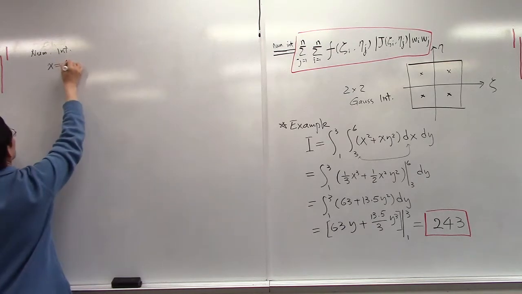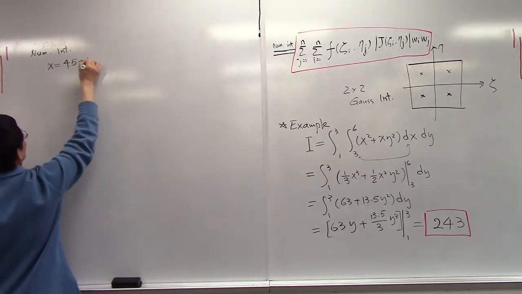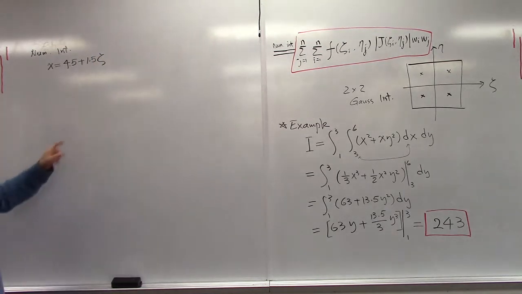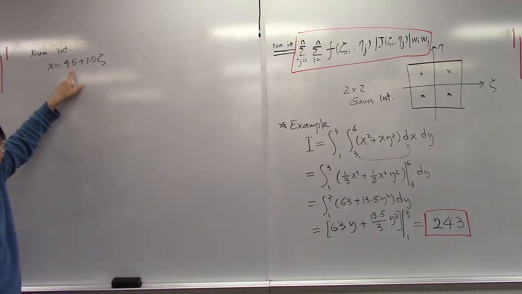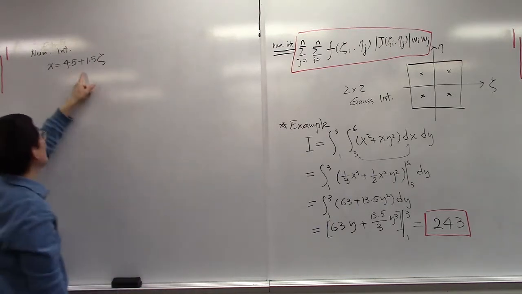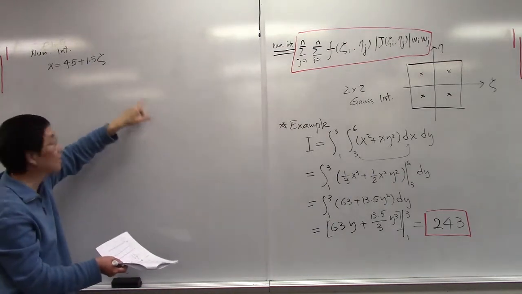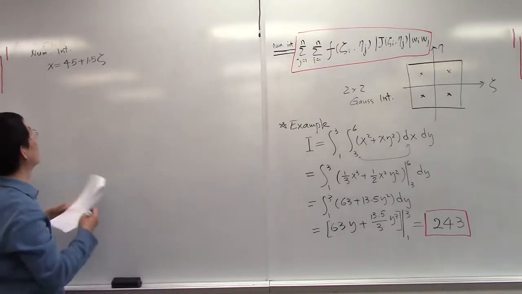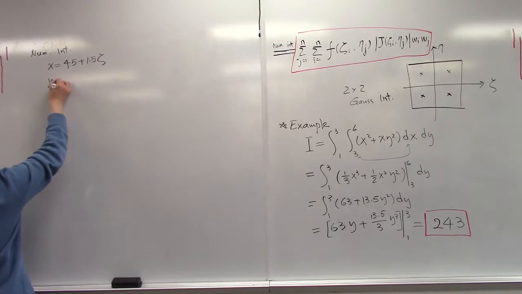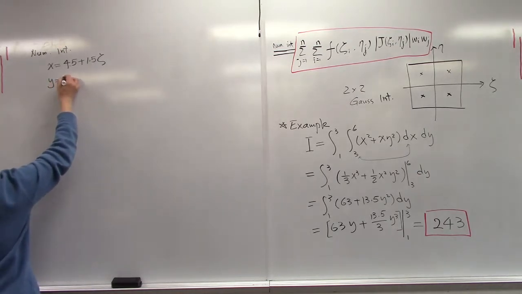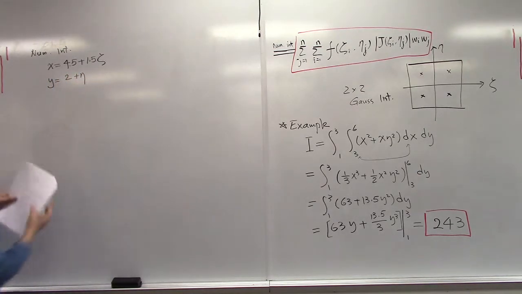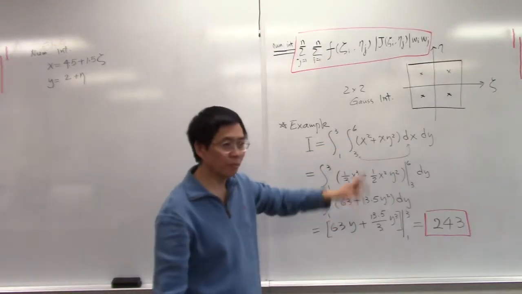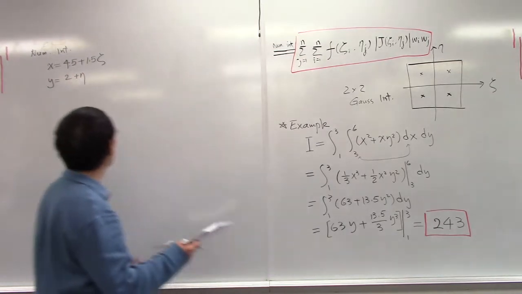It turns out that x, if you use this relationship, and again use the formula, the midpoint of the two limits plus half the length of the interval times the natural coordinate. That's the formula. Similarly, y is equal to 2 plus eta. So if you do that, it will transform the integration limits, both of them, to -1 to 1.